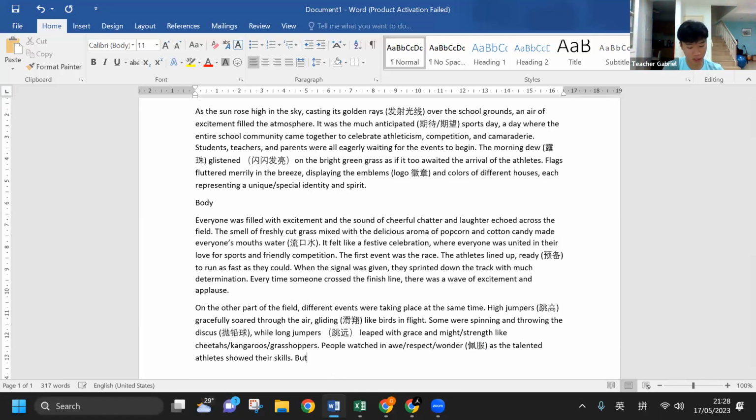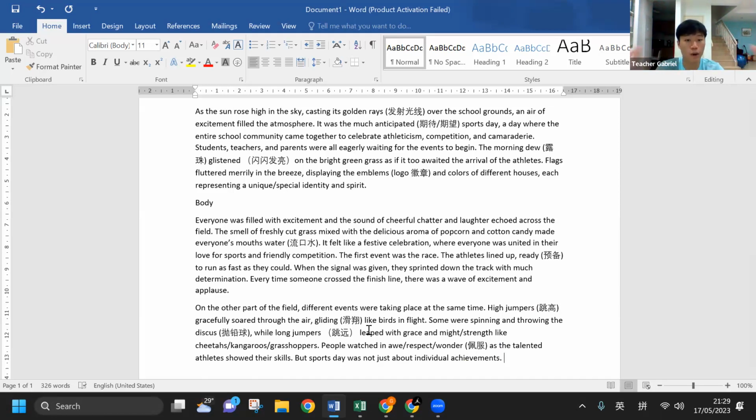But sports day was not just about individual achievements. 他们不是只是 individual, 就是自己一个人的 achievement 罢了. You see these high jumpers, those throwing the discus, the long jumpers, all are alone, they do it alone, you don't see group teamwork.